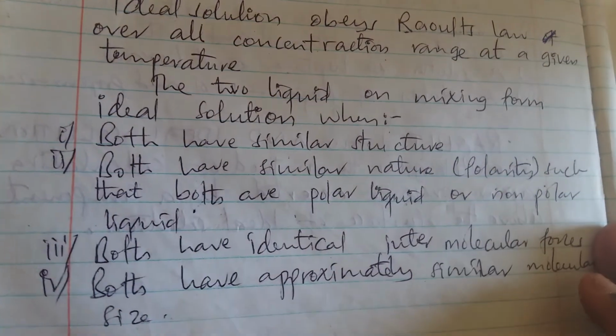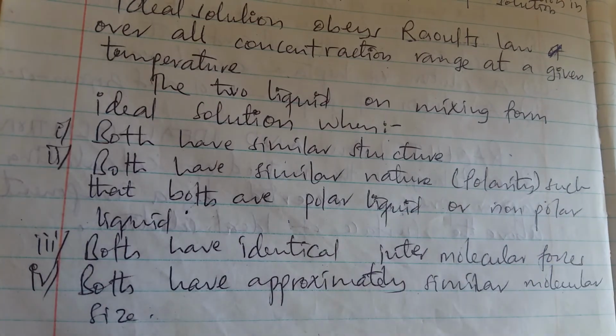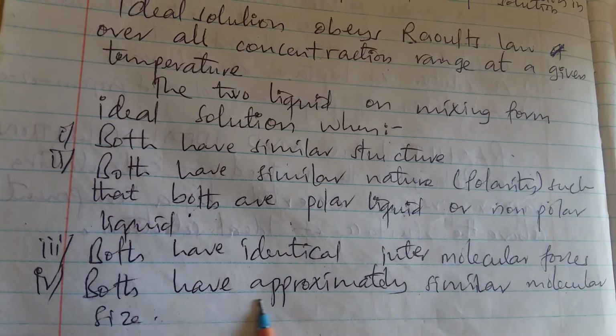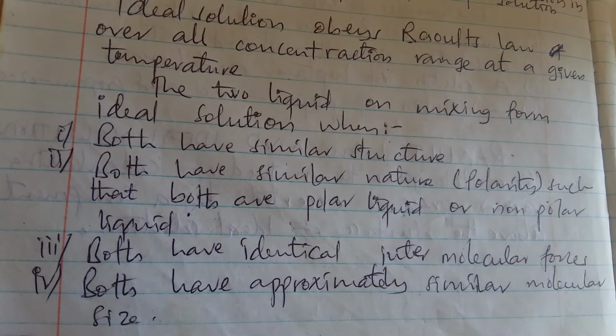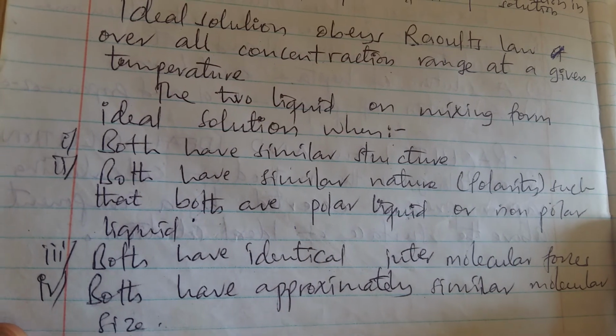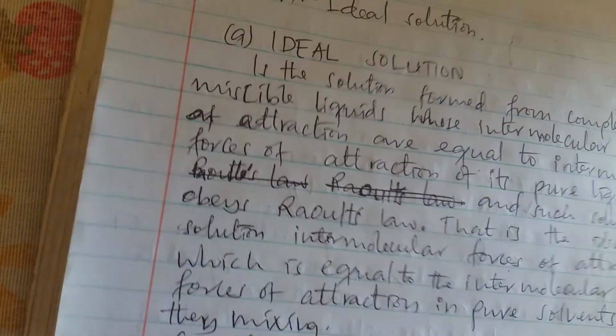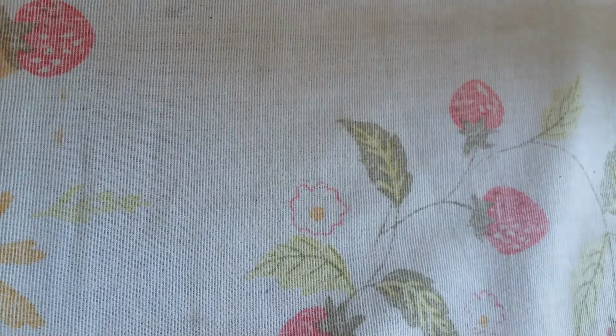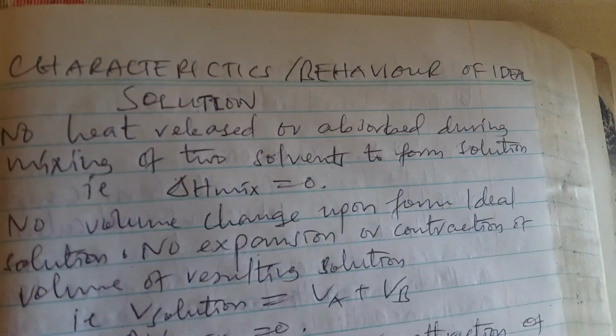Forces zake of attraction lazima ziwe zinafanana, jinsi ambavyo kuna attraction inafanana kama ambavyo tumedemonstrate. Lakini nne, both have approximately similar molecular size. Molecular size yani molecular mass zake ziwe zinafanana. Hiyo hizo component ndo zinazitengeneza nini? Ideal solution. So let us end up here.